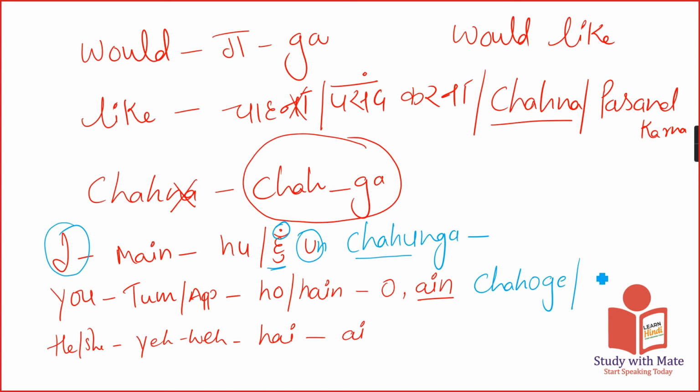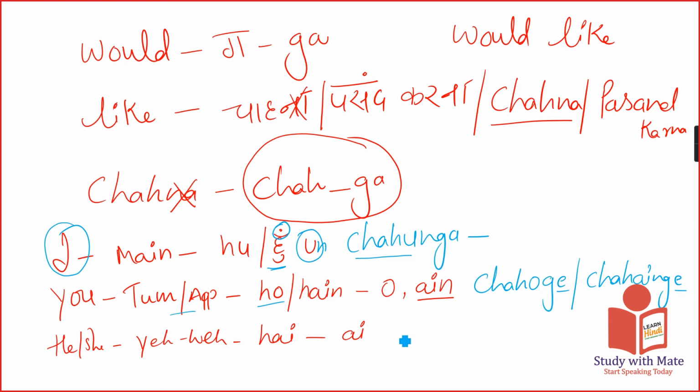Next, if we want to use हैं, I will do चा, then the same, हैंगे, चाहेंगे. When we are using तुम or आप, that's plural, and for plural we use the a sound in the end. So चाहोगे and चाहेंगे.